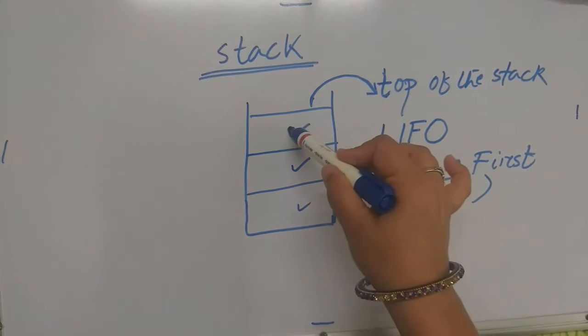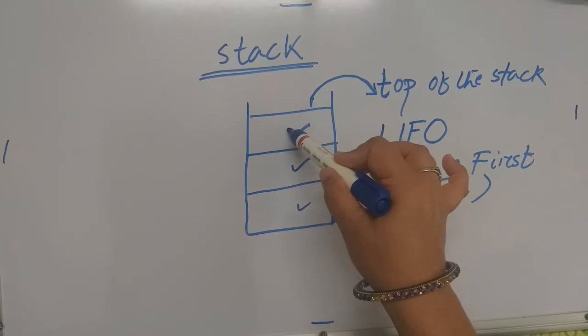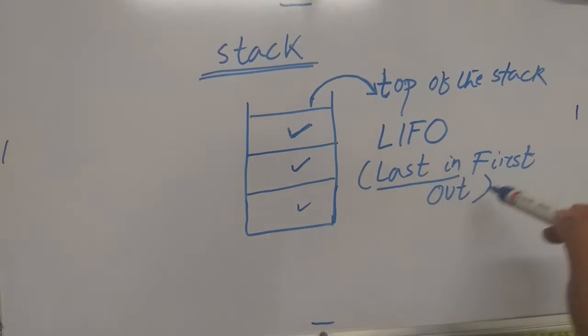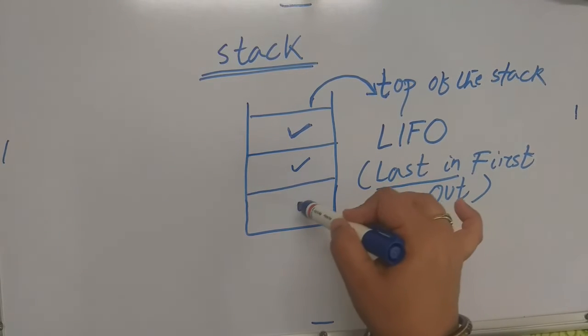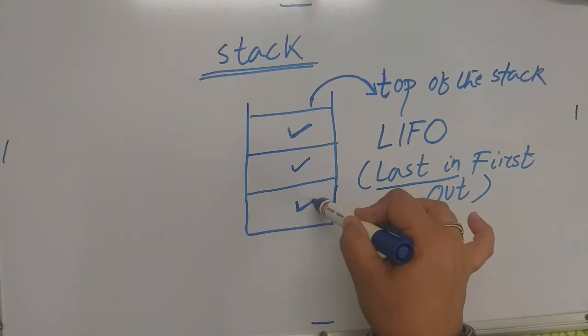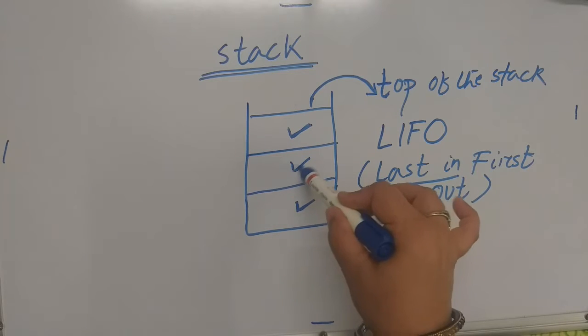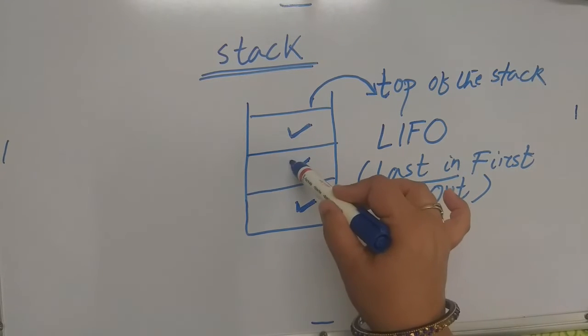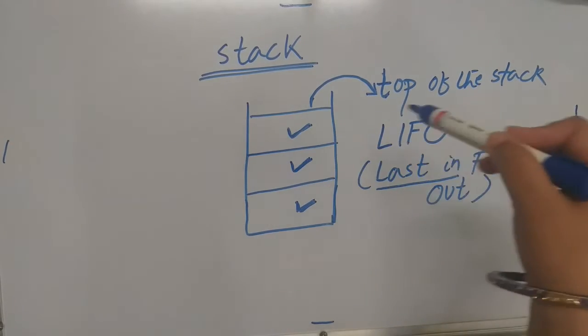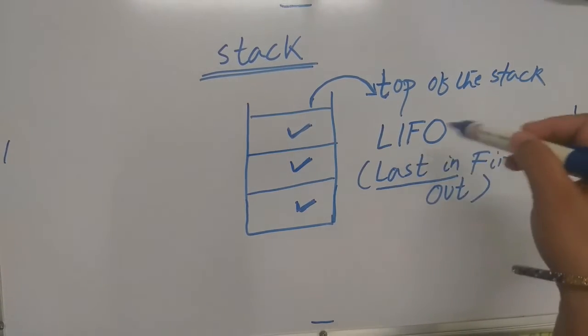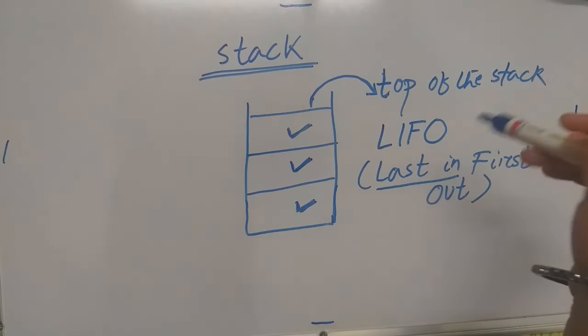That means the element inserted last is taken out first. The element inserted first is in the bottom position, then the next element, then the next, and the element inserted last we take out first.